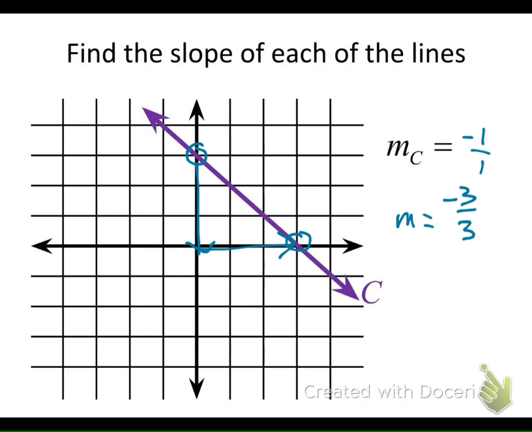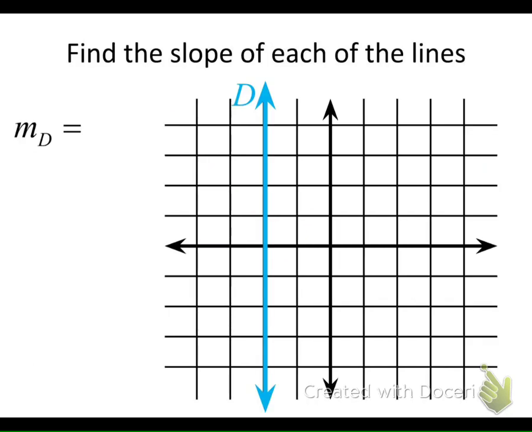Because if we divide -3 by 3, we get -1. So using the two closest lattice points that you can will save you work because you don't have to reduce. And when you do more work, you have more chances to make an error in your math.